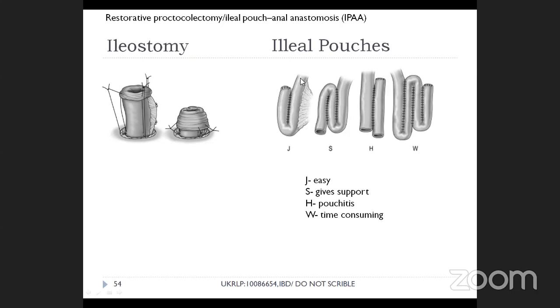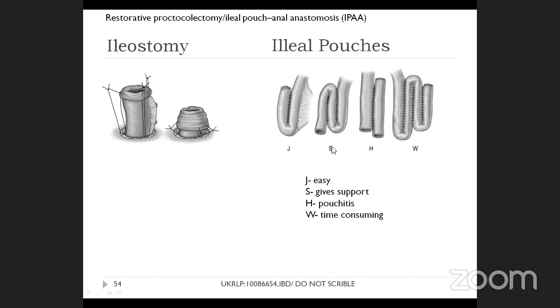This ileum is given the shape of a J, so it is called a J pouch, and S, H, and W are named likewise depending on the shape of the ileal pouch created. The advantage of the J pouch is that it is easy to construct with fewer complications, and the disadvantage is that its capacity for fluid is less compared to the other three. One loop of intestine is added to the J to create an S pouch.